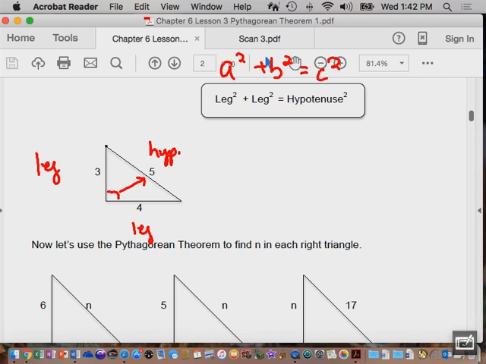If I draw a square, because we just said before, leg what? Leg squared. So I'm going to draw a square there, and I'm going to divide it into 3. And since it's a square, all sides are the same. So how many little squares are inside the one big square? 9. Good. Now this guy's 4.